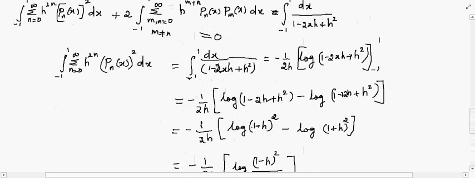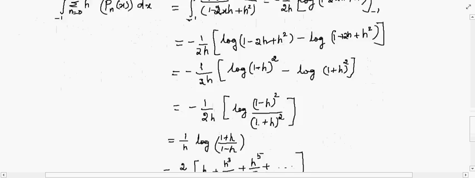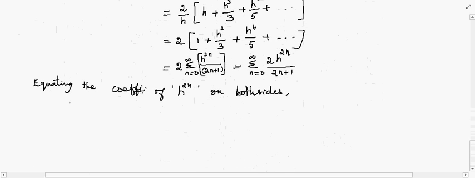On the left hand side we have integral from minus 1 to 1 of Pn of x whole square dx. Hence integral from minus 1 to 1 of Pn of x whole square dx is equal to, on the right hand side, 2 by 2n plus 1.